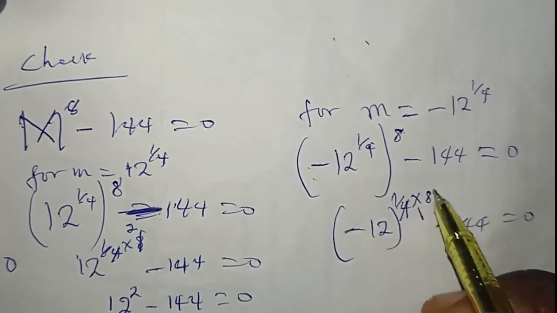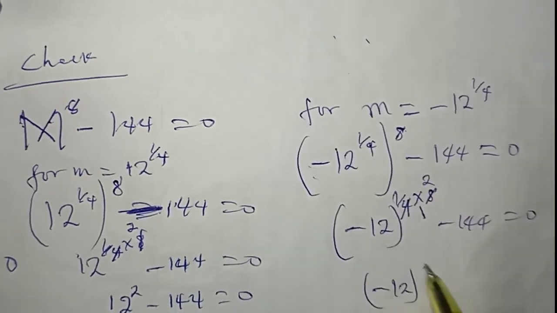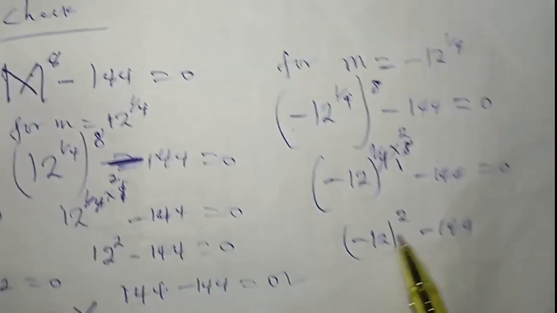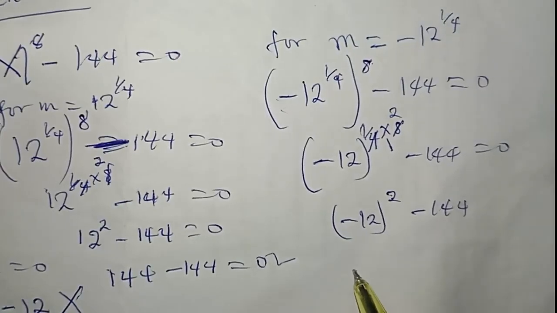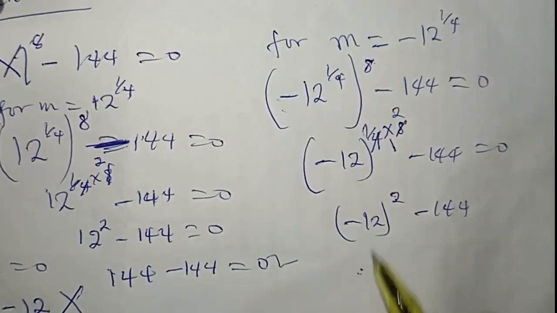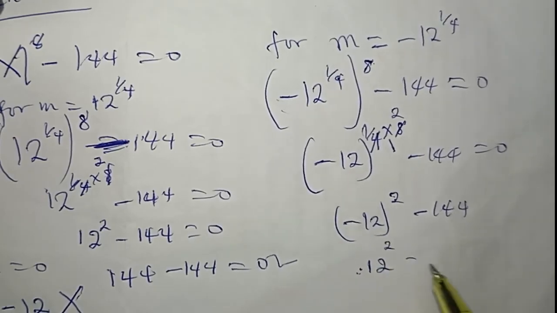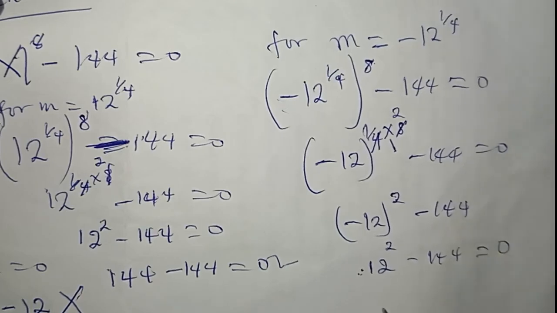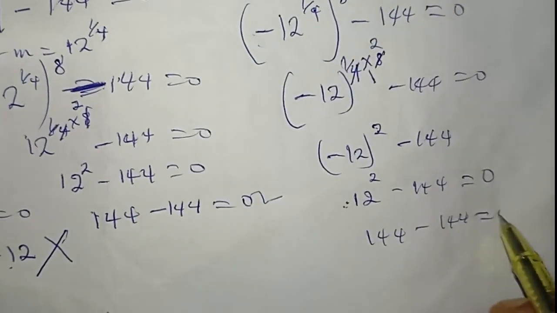This divides itself to 1, this divides to 2, so I have minus 12 power 2 minus 144. Okay, so minus 1 multiplied by minus 1 power 2 is positive. So what I have here is positive 12 power 2 minus 144 is equal to 0. So this is 144 minus 144 is equal to 0.